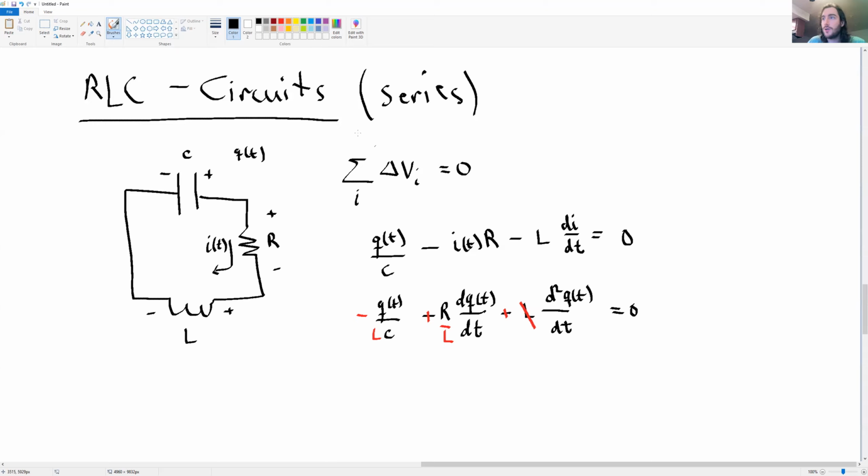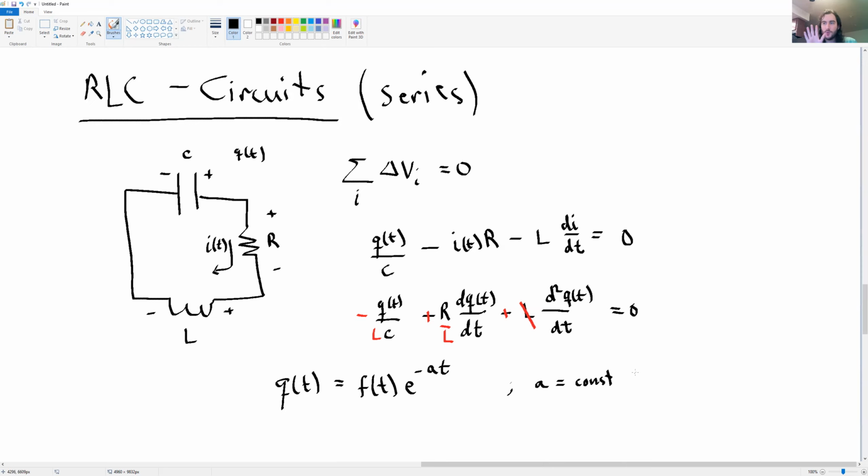If you're interested in solving this equation, there's a nice little method you can do. You can say, let q of t be some function of t times some exponential, maybe minus a times t, where a is just some constant.